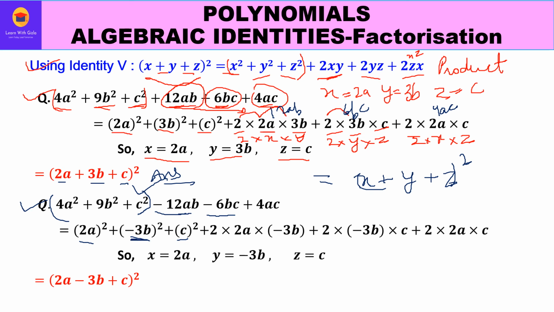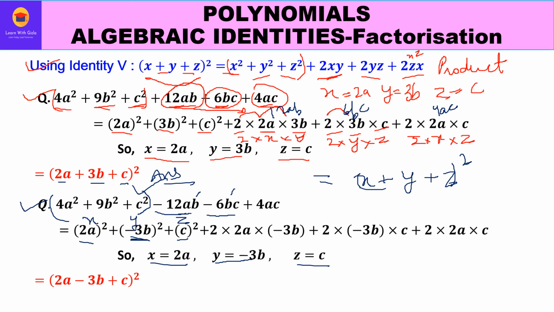If you compare it with the identity, this is your x, this is your y, and this is your z. So b is the common term over here. So b is negative, that means your y is negative, that means minus 3b. Right. So from these three terms we got the square numbers. x is 2a, y is minus 3b, and z is c.